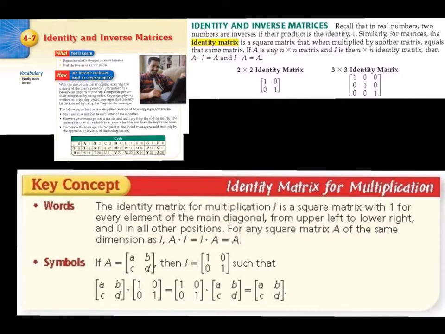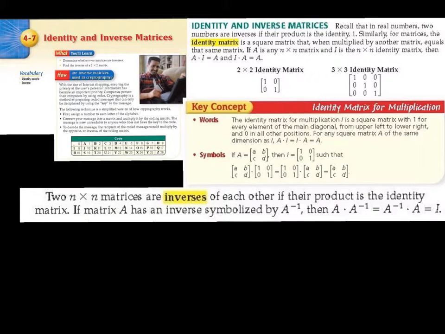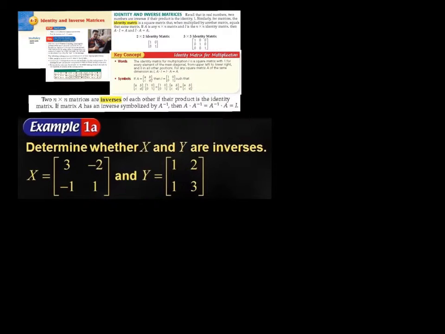For any square matrix A of the same dimensions as I, A times I equals I times A equals A. Two m by n matrices are inverses of each other if their product is the identity matrix. If matrix A has an inverse symbolized by A to the negative 1, then A times A to the negative 1 equals A to the negative 1 times A, which is the identity matrix.